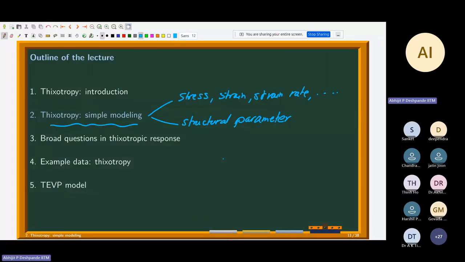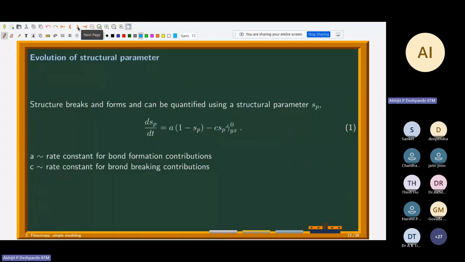So this is one example where we are now looking at a structural parameter, and we make a hypothesis that it is a scalar. Of course, depending on how we want to describe the structure, you could have not just one parameter, but maybe a family of parameters, in which case it's a vector of structural parameters, each one indicating something.